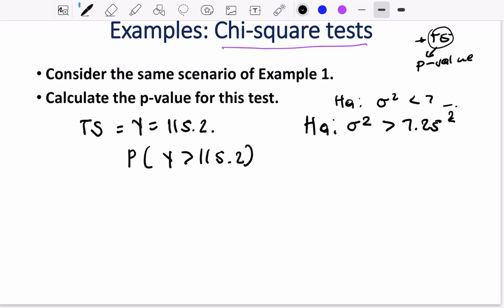And then for the other case, where the alternative is sigma squared is less than 7.25, that will be a lower tail. The p-value will be at the lower side. So you will be calculating the probability that y is less than that value. Now, if it's upper, you calculate that y, or whatever distribution you're using, if it's z or t, is greater than that value. And if it's lower, you calculate the lower probability. Okay, so that means the probability that y is less than 115.2.